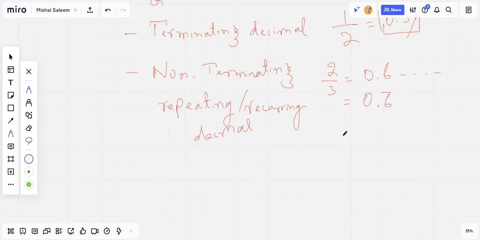Let's say there is a number 0.147, 147, 147, and so on. Here a group of digits is repeating. So this is also a rational number, as there is repetition. It's non-terminating, but it's a repeating decimal, so it's rational.